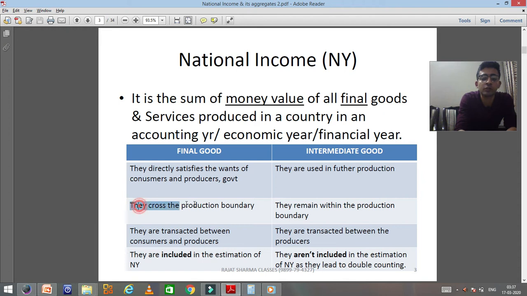The final good crosses the production boundary. They are crossing from the producer to the consumer. And what remains within the production boundary is the intermediate goods. They remain between two producers. So we have to include only the final good in the estimation of national income, not the intermediate good.